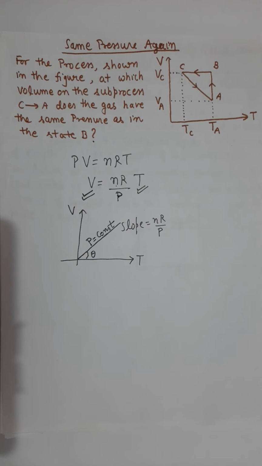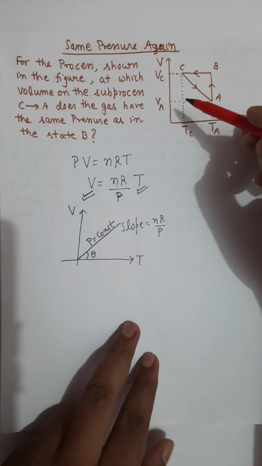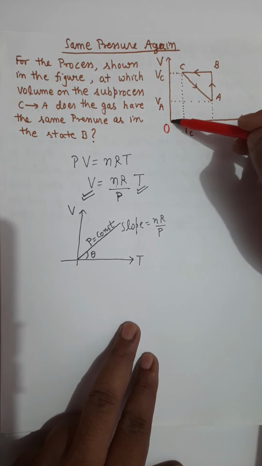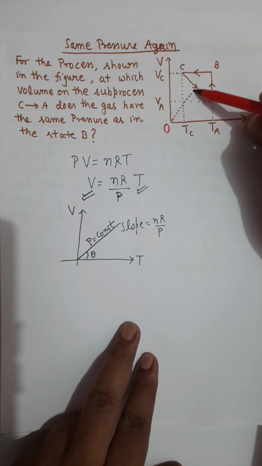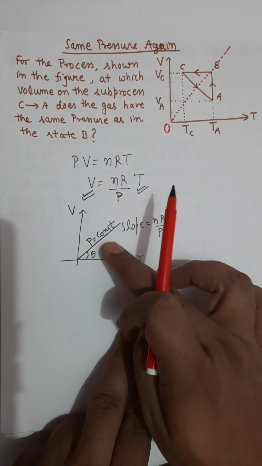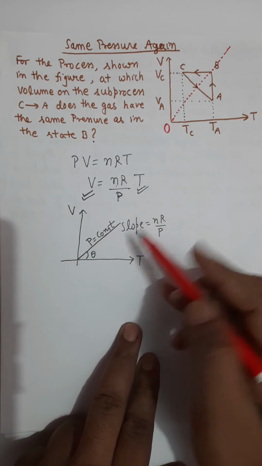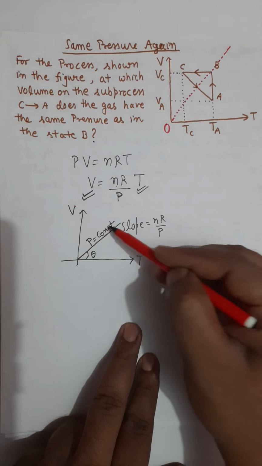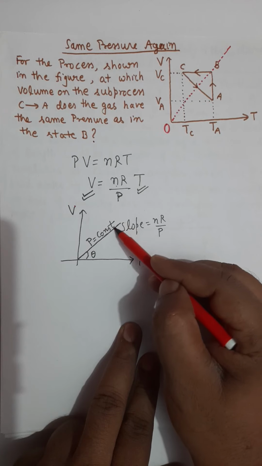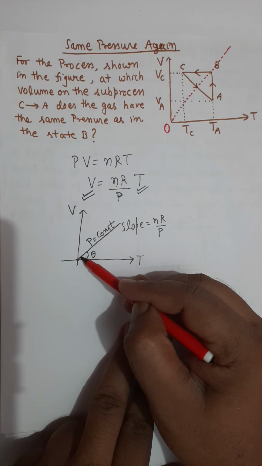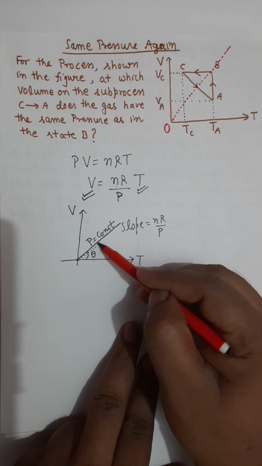I will use the same concept now. If I draw a line from the origin which passes through point B, then from this concept, a line on the VT graph which passes through the origin represents a process in which pressure P is constant.